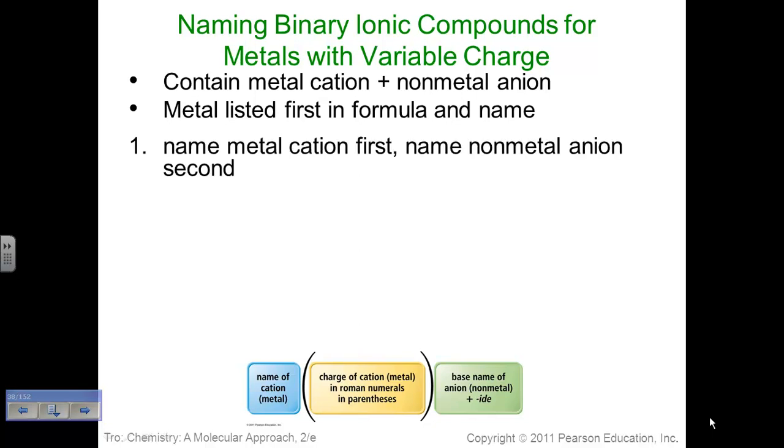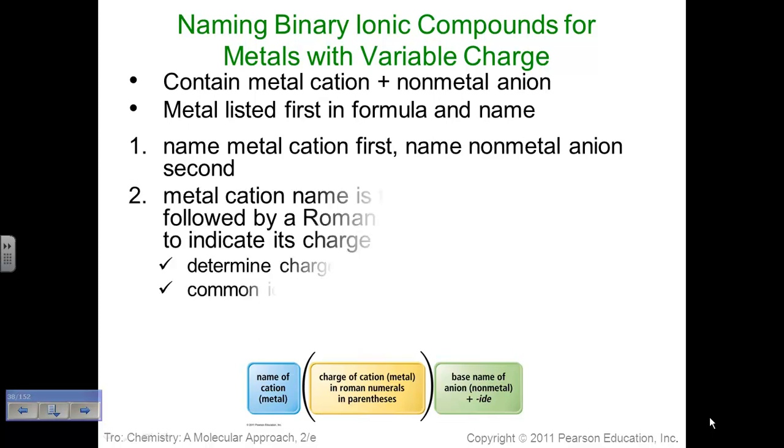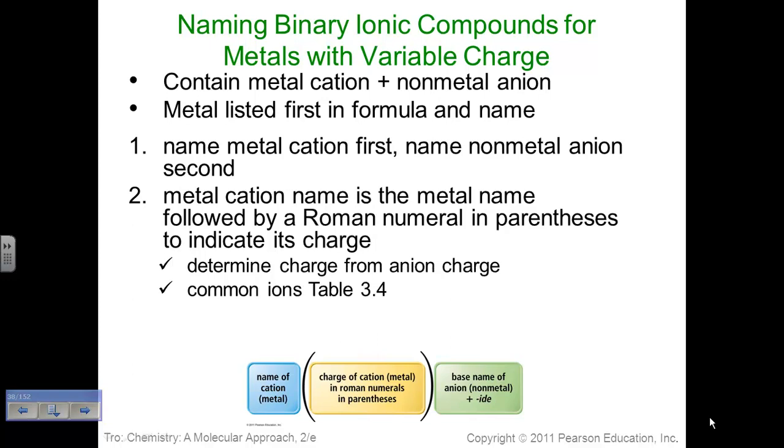So we start with the metal cation first, just name it. Name the nonmetal ion last, ending with "ide," and place between them a Roman numeral in parentheses. I've seen it both ways, to tell you the truth, but in our text you'll see it in parentheses. What that Roman numeral is going to tell you is the charge on the positive ion, not how many there are, not its subscript, but the charge that it's carrying.